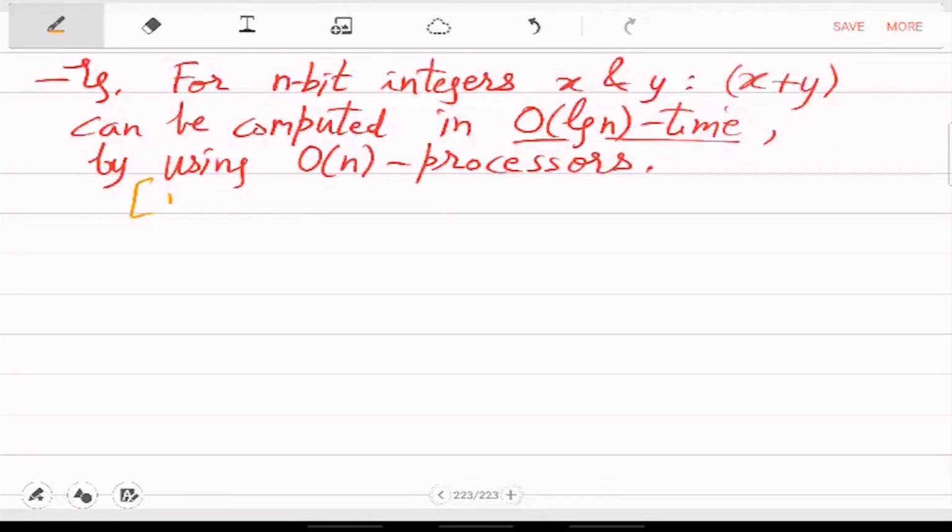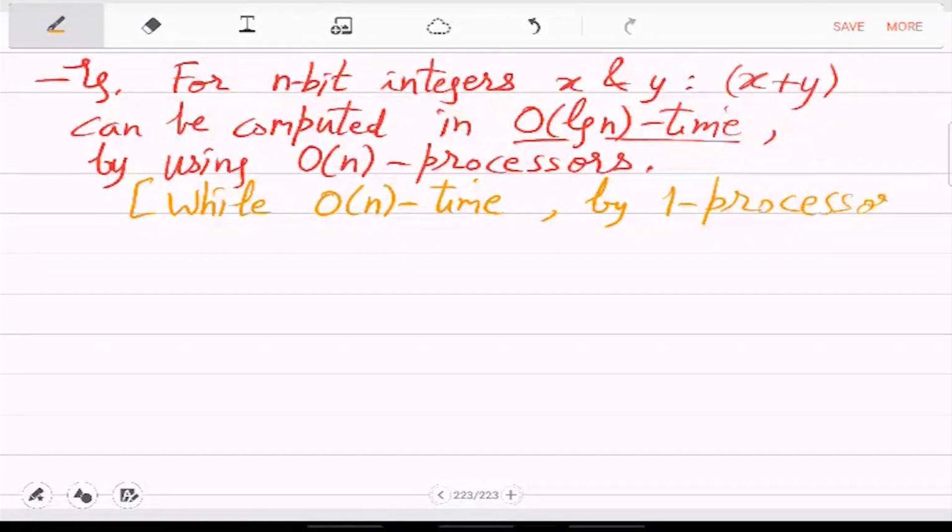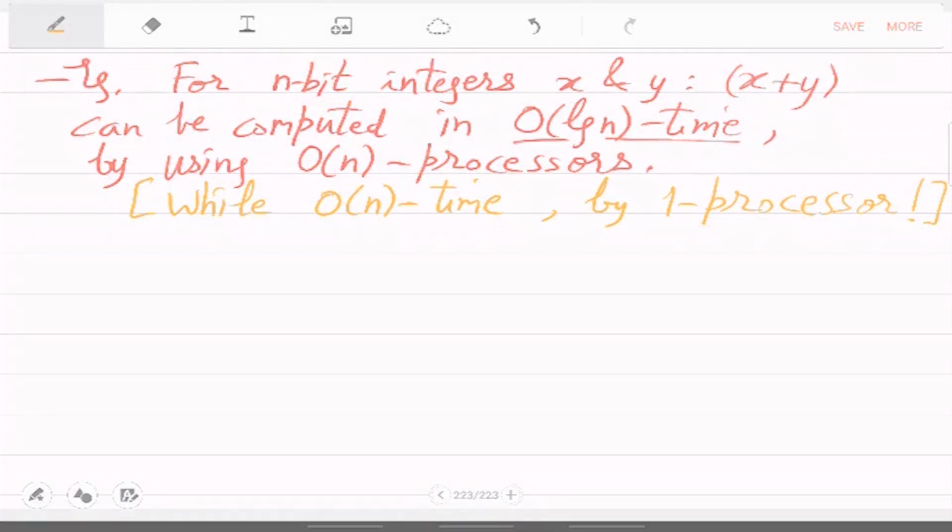While if you do it just manually by one processor, you at least have to go through the length of x and y, so that will take order n time by one processor. Right. So a sequential algorithm will give you linear time, but a parallel computer gives you exponentially lower than that, and this we will next time model via circuits.